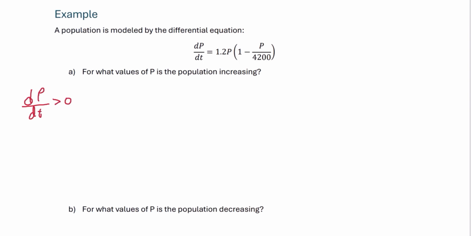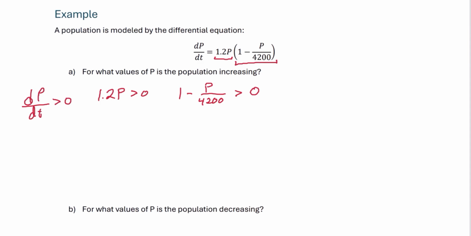We'll assume that p is greater than 0, and if p is greater than 0, 1.2p must also be greater than 0. And if that's the case, if 1.2p is positive, we want this piece to be positive as well. So 1 minus p divided by 4200, we want it to be positive, greater than 0.